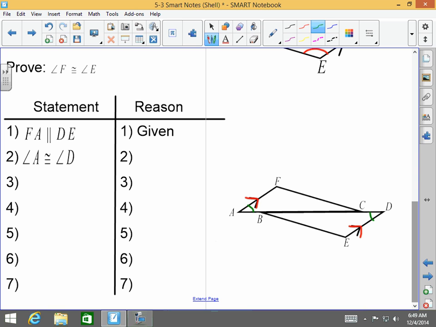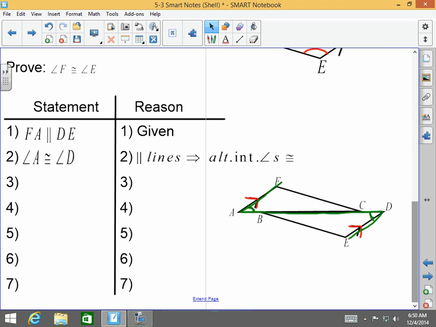Now you may say, how did you come up with that? Use the Z method. See that Z in green? So that means alternate interior angles are congruent. So if you have parallel lines, then alternate interior angles are congruent. Okay? Or you could say the alternate interior angle theorem.